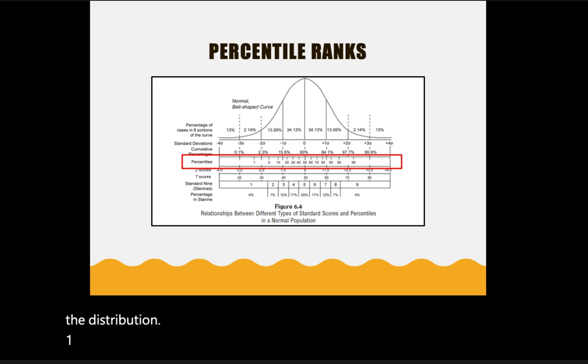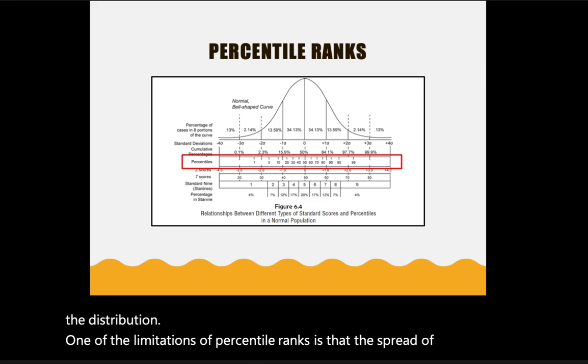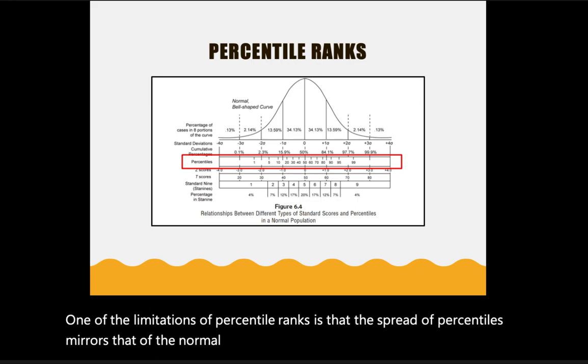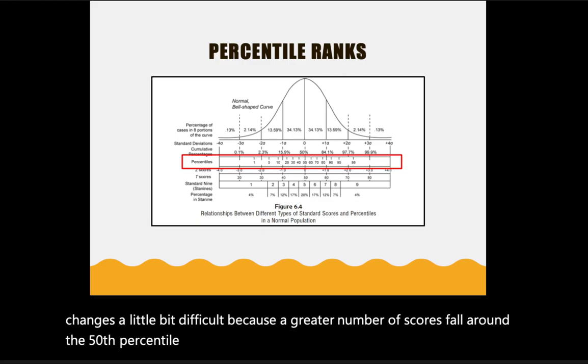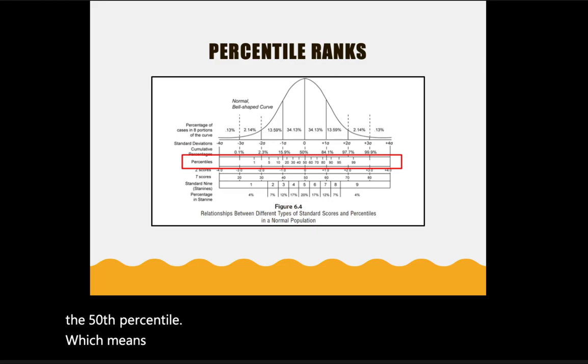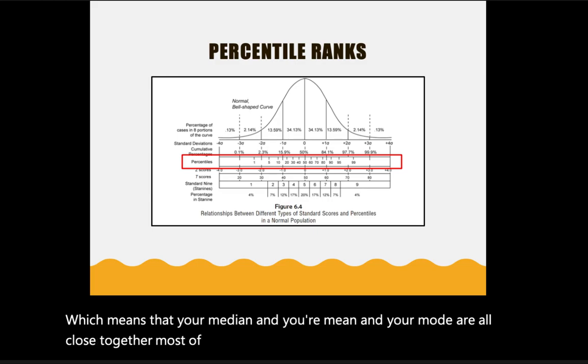One of the limitations of percentile ranks is that the spread of percentiles mirrors that of the normal curve, making the interpretation of percentile changes a little bit difficult, because a greater number of scores fall around the 50th percentile, which means that your median and your mean and your mode are all close together. Most of your scores are going to be close to that.